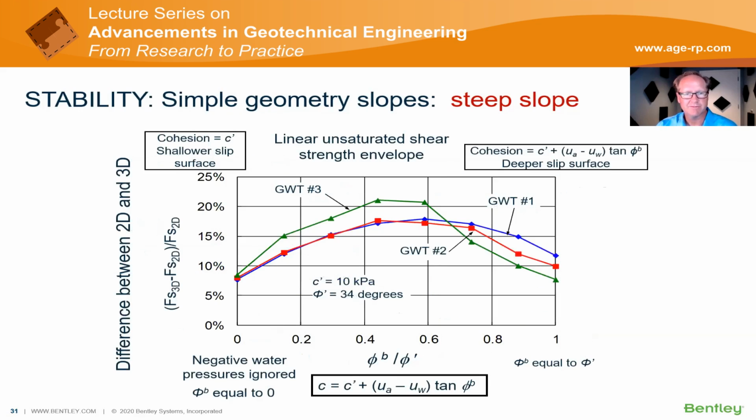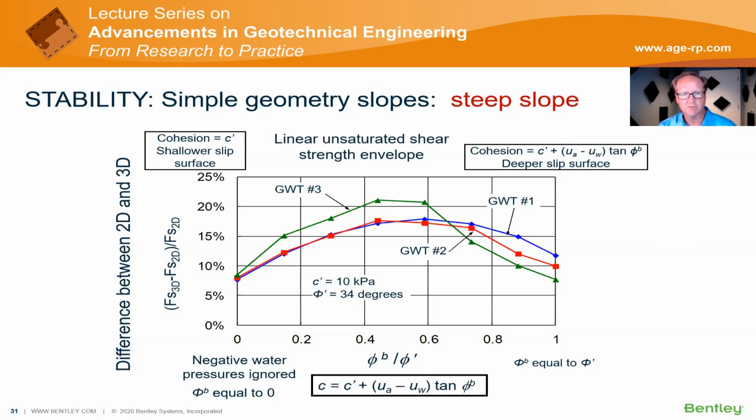So here we have the results presented, again, same graph, and you can see they vary between as low as about 7–8% and up to over 20% difference for different conditions, as you go from 2D to 3D and as you increase the influence of soil suctions from left to right. And you can see the influence is interesting.